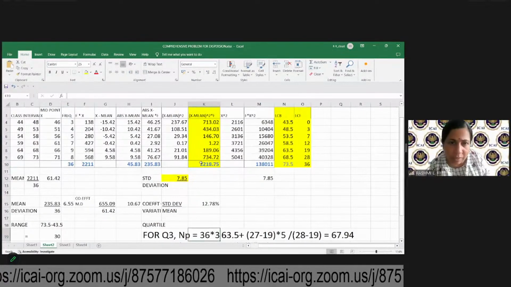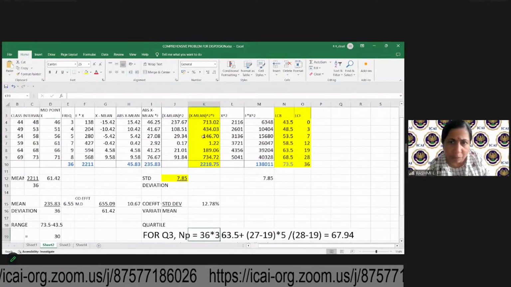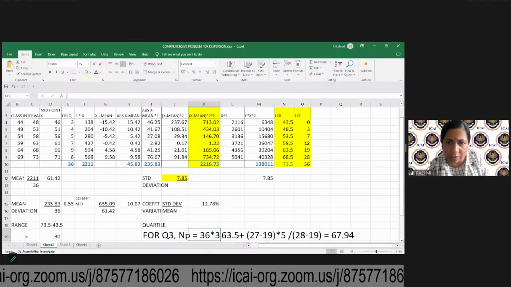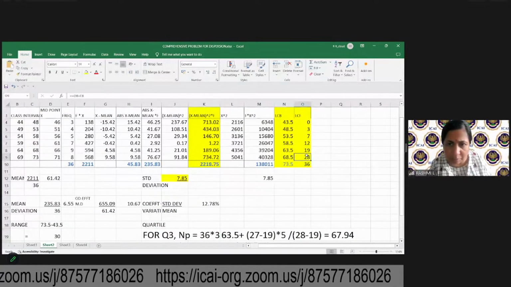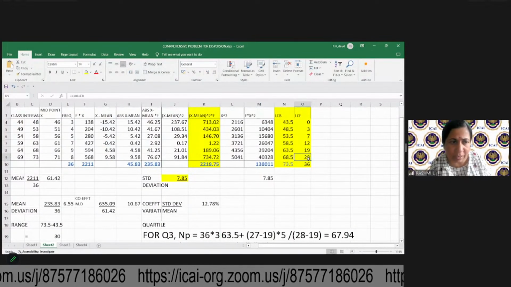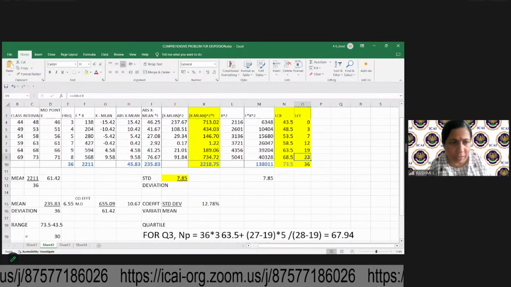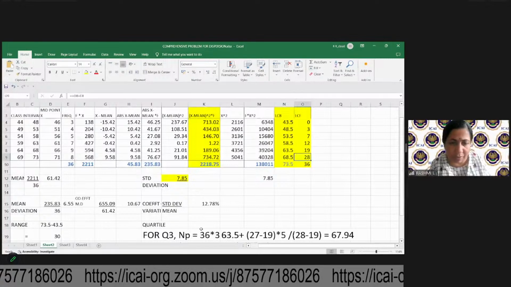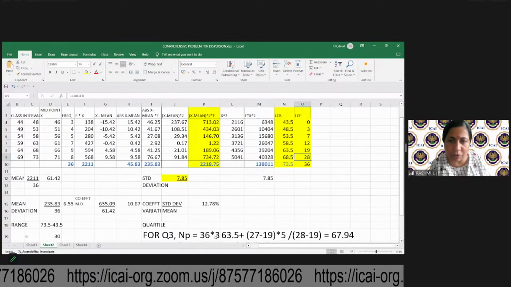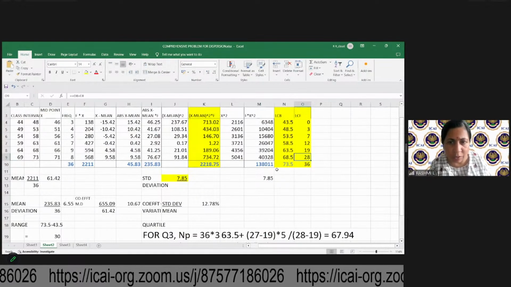Now where does 27 lie? In the cumulative frequency, can you see here 27 lies between 19 and 28? My NP, 36 into 3 by 4, that is 27, is going to lie there.